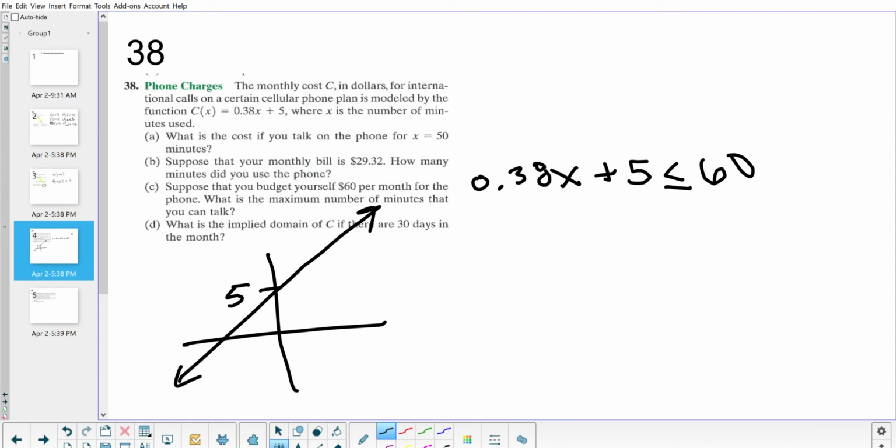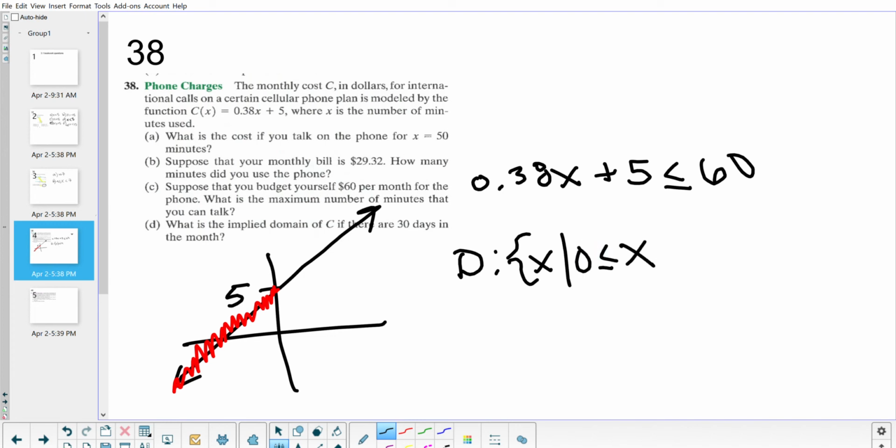The implied domain starts off with the fact that you can't have negative minutes. There's no such thing as negative minutes. So x must be greater than or equal to 0.